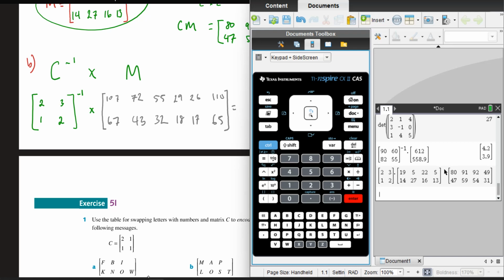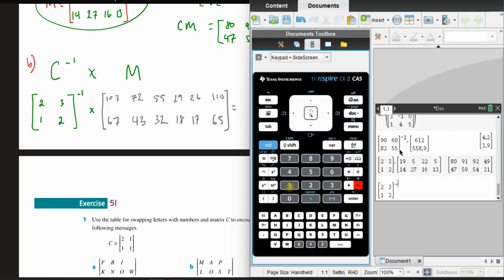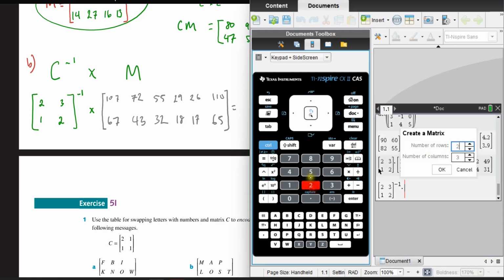All right, so let's put that 2, 3, 1, 2. Remember, we're going to invert this matrix. So it's to the power of -1, multiplied by the encoded message, which was that one. That's 2 rows and 6 columns.